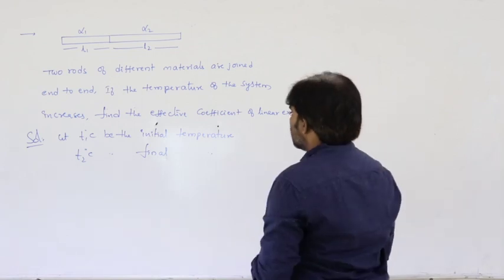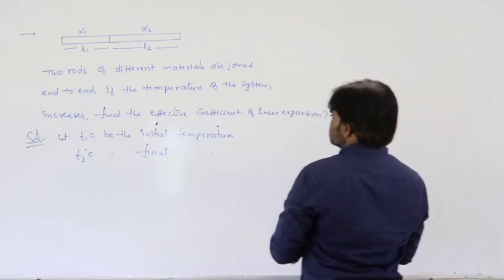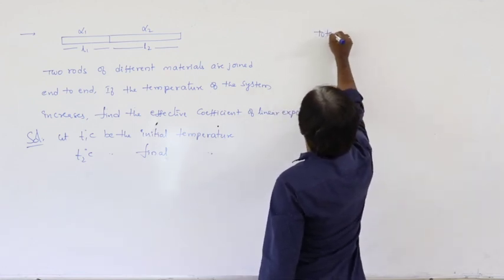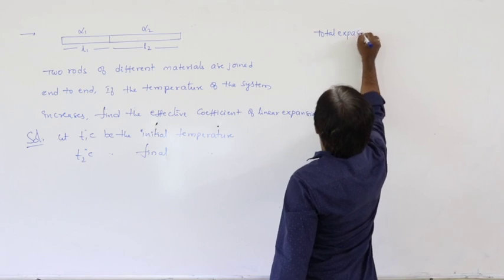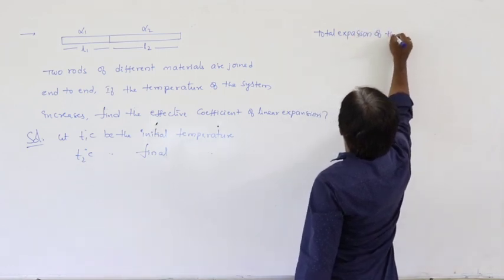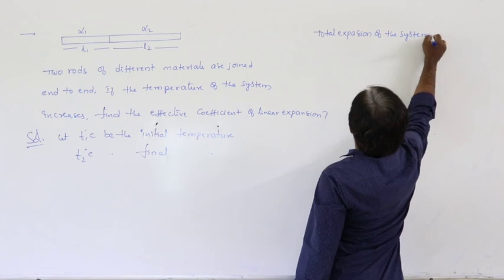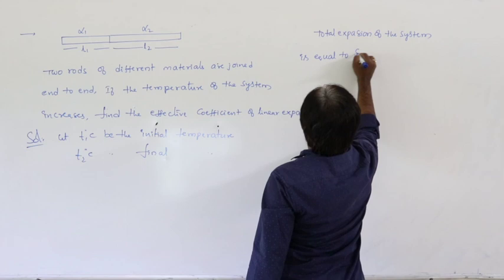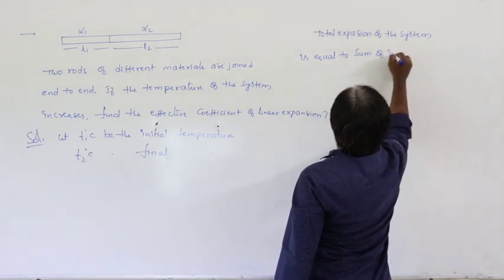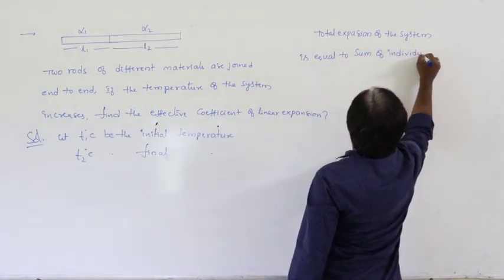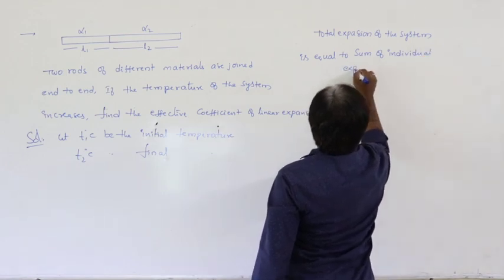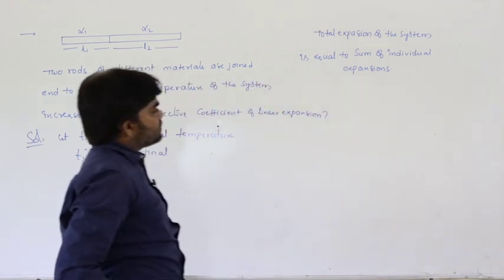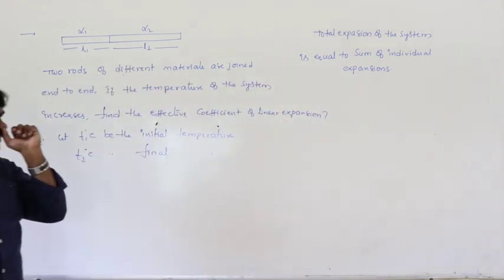See here, the total expansion of the system is equal to the sum of individual expansions.